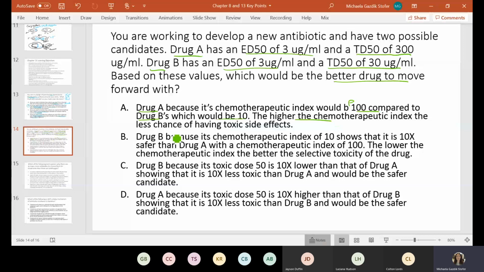So its index of 10 is 10 times safer than drug A because it's got better selective toxicity. C is saying drug B because the toxic dose 50 is 10 times lower. If it's less toxic, then it's going to be safer. And D says drug A because its toxic dose 50 is 10 times higher, indicating that it's 10 times less toxic. So if we look at those options, what do you guys think the answer to this one is?